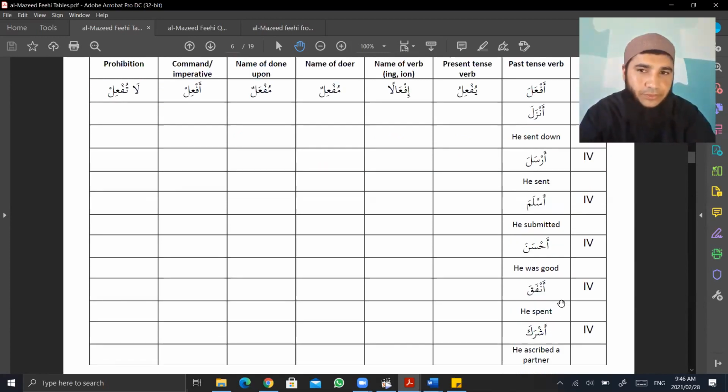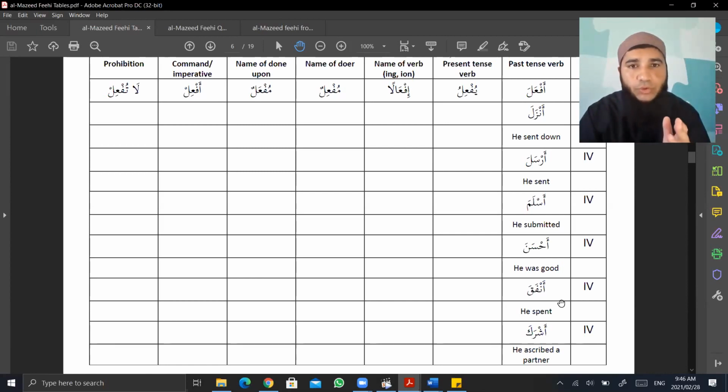And we can look at that further next week, inshallah. But for now, what I want you to do is the worksheet of the Mazid Fi in the Quran for form 3 or Bab 3, and then just learn Bab 4 for me.